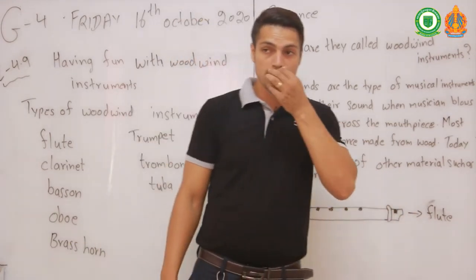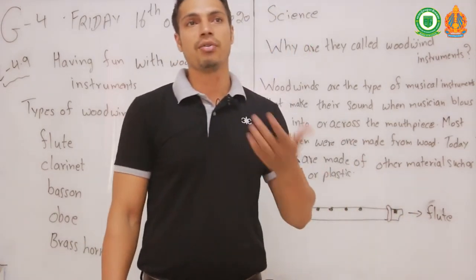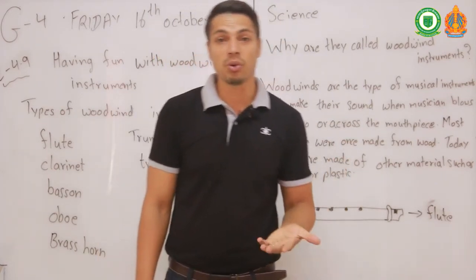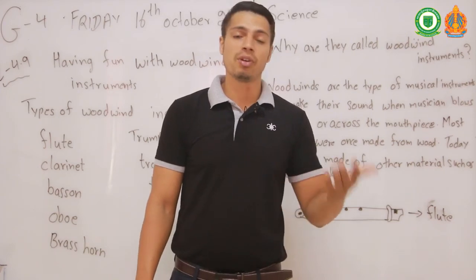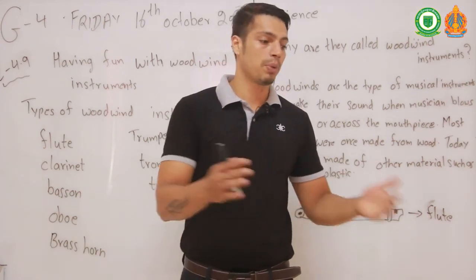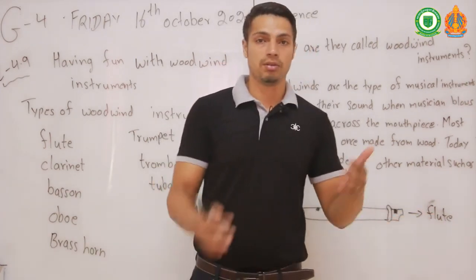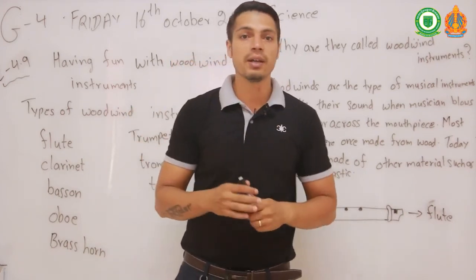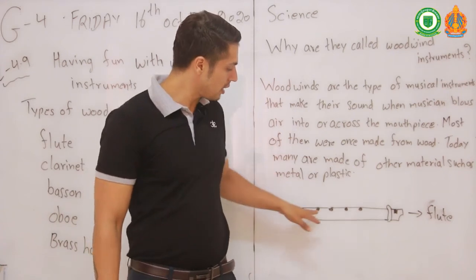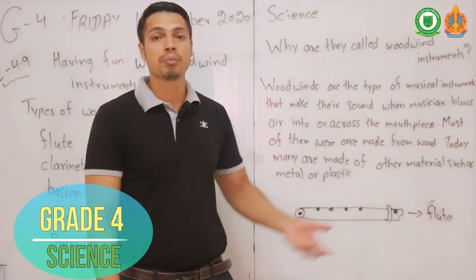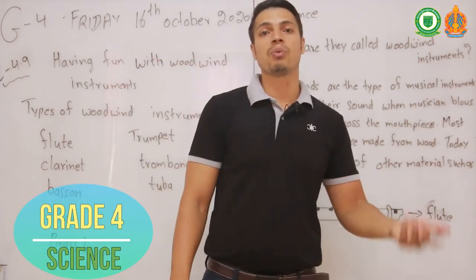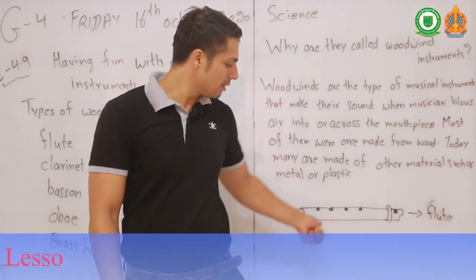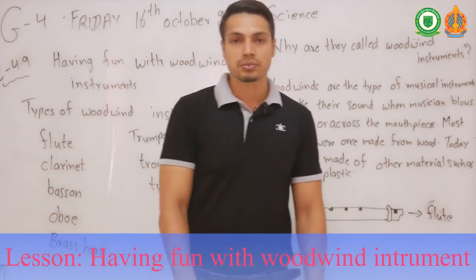If you search on YouTube for flute music or how to play flute, you will find different people playing flute in different styles. These holes are there to change the pitch. If they want low notes, they change the notes.